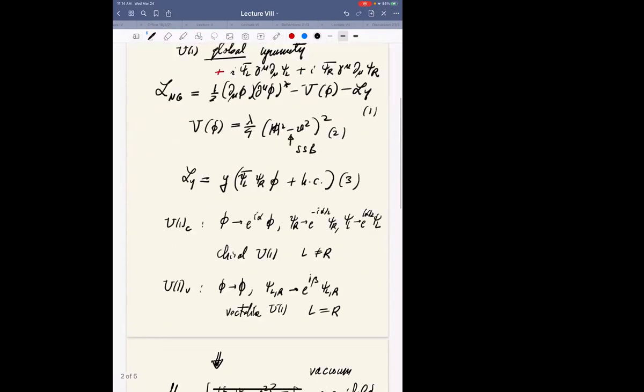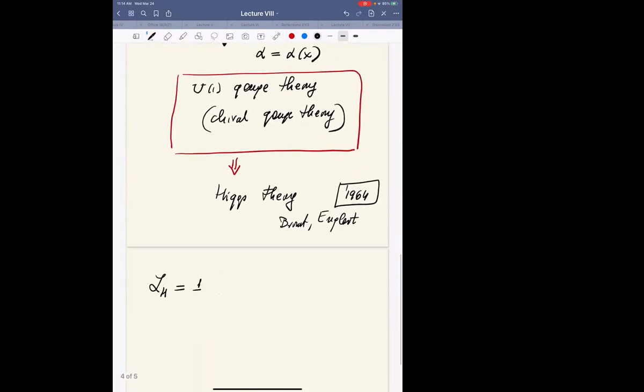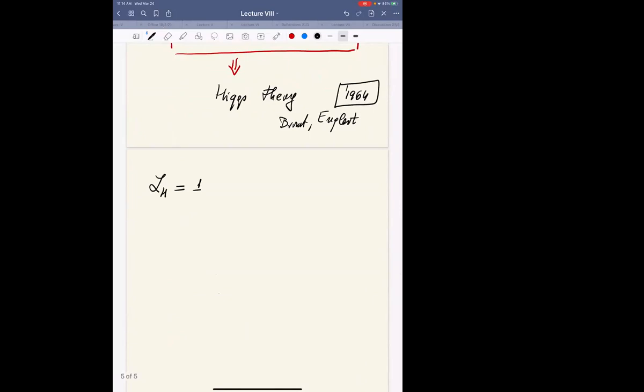Did I have a half here or not? People sometimes don't put a half for the complex field, but I put it. It's just a question of normalization. Anyway, what I have to write is D mu phi star, doesn't matter which order, D mu phi, and of course the same potential V of phi.